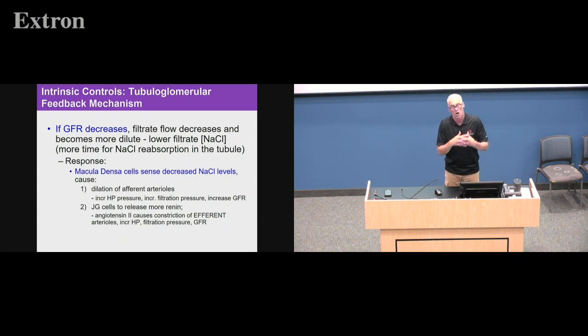Also, they can talk to the granular cells or juxtaglomerular cells and cause them to release renin. And this brings into action one of the coolest things about the nephron entirely. The release of renin from the juxtaglomerular cells will lead to the production of angiotensin II, as you well know.